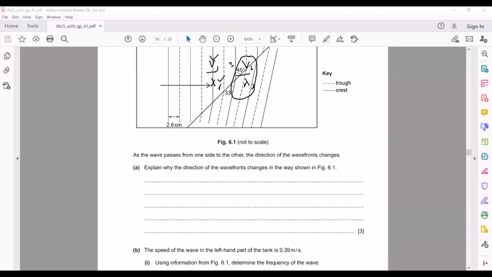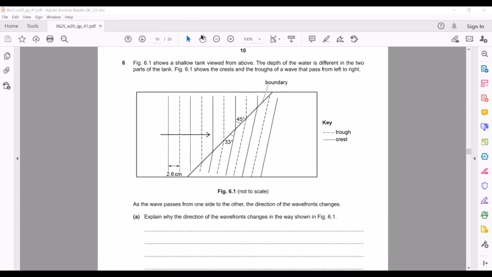So if we don't know the speed, what can we do? The angles are given, so we can use the concept of the refractive index to calculate the new speed. So how will we use the refractive index?